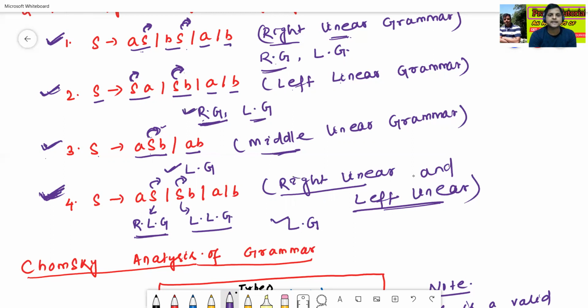In the third case, it contains middle linear, so it is called linear grammar. In the fourth case, it contains both right linear and left linear, so it is a linear grammar, not a regular grammar. Okay, these are the questions related to linear grammar and regular grammar.